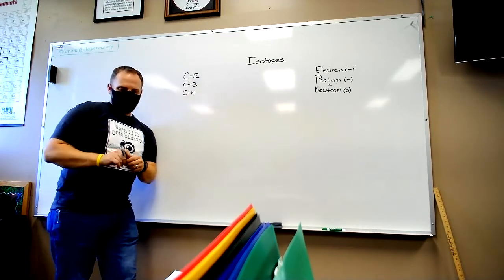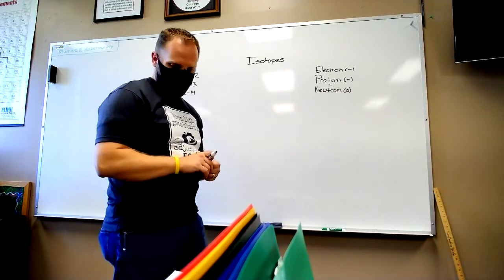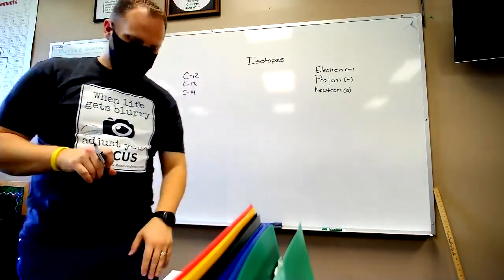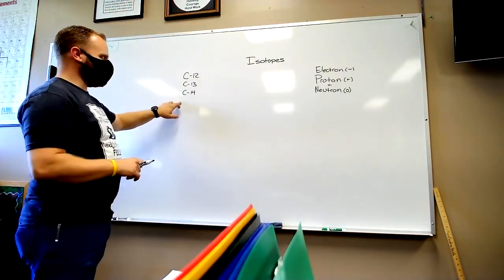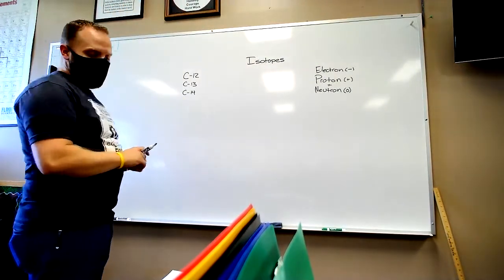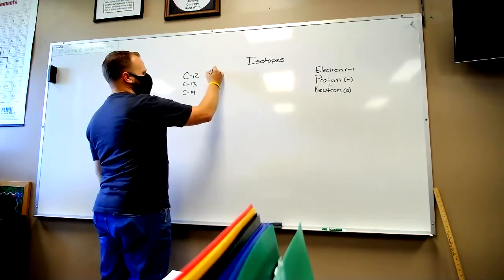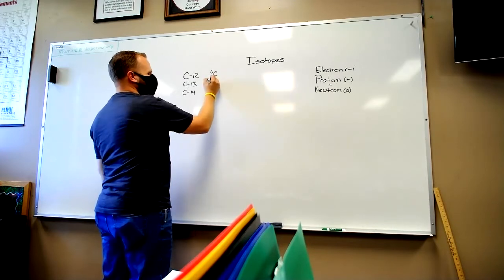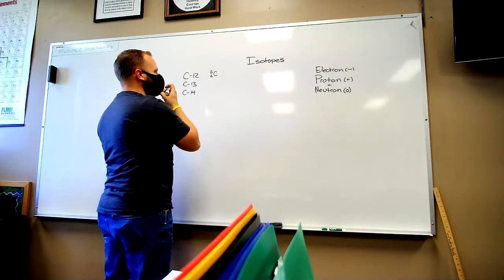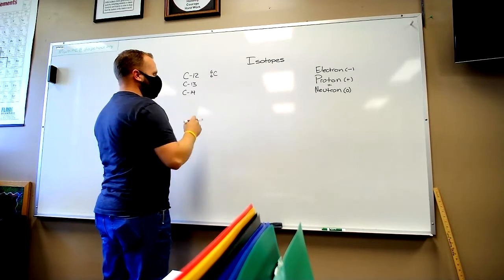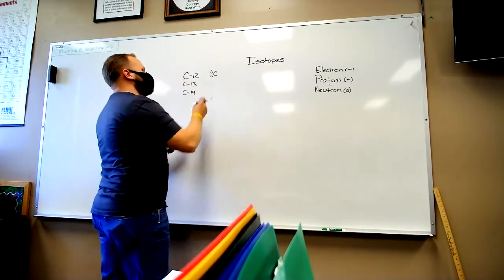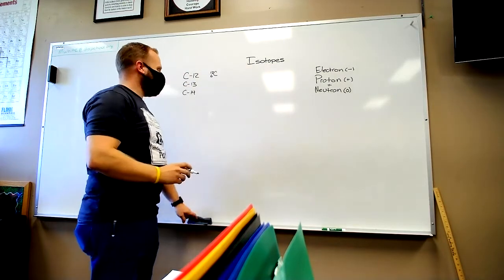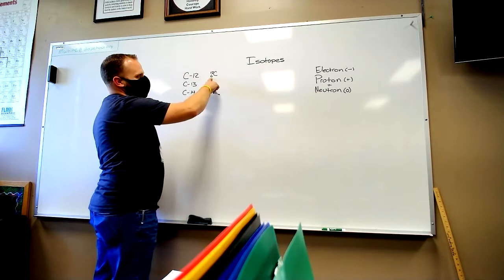Okay. Now when we write these, we can write them like this. Sometimes you'll see them like that. Other times, the way we will see this is written like that. So this bottom number tells you how many protons. That's how many protons you have.